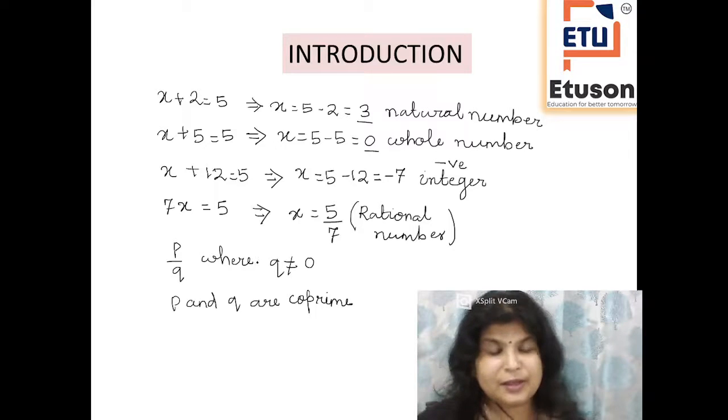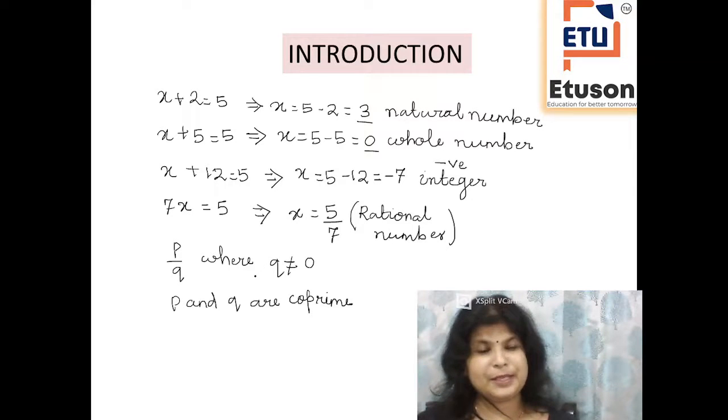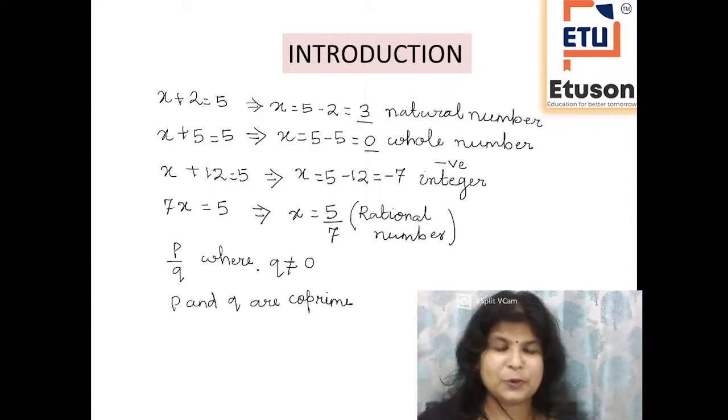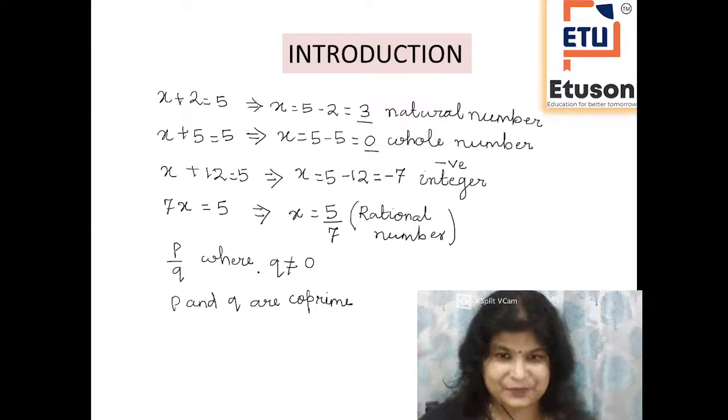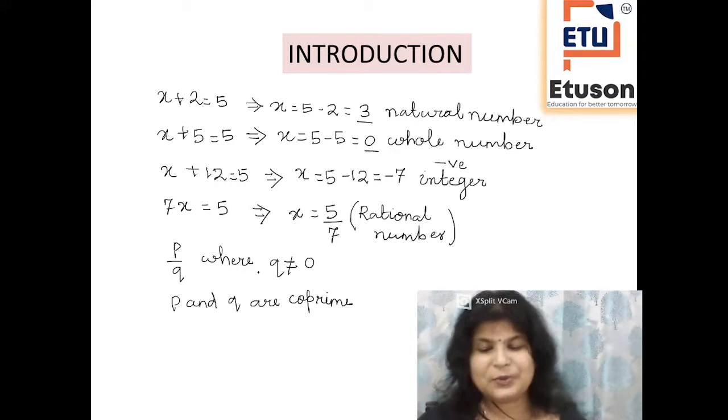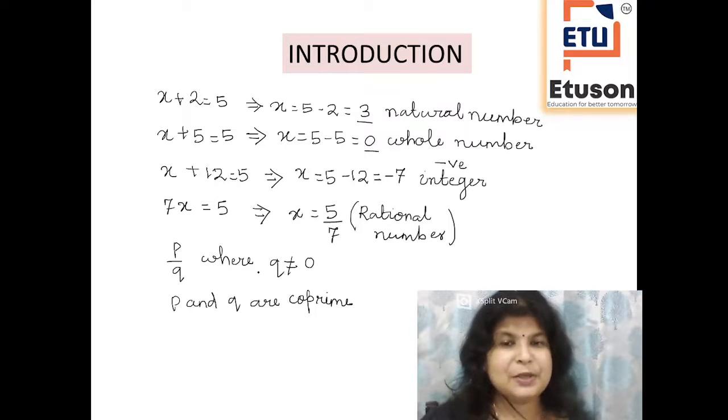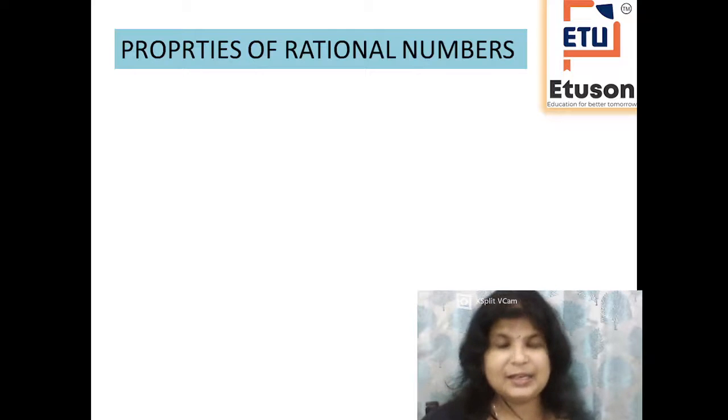Even if the denominator is 1, it can be expressed in terms of p by q. So rational numbers include all the integers, whole numbers and natural numbers. So now we have understood how different numbers are used to get the solution of a linear equation. Correct? So now let us go to the topic, which is properties of rational numbers.